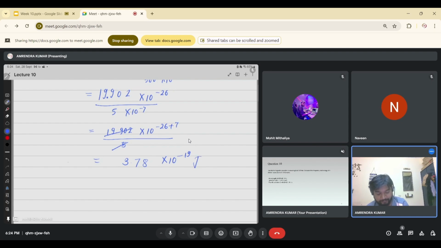This is approximate. This will be the energy associated with the photon.